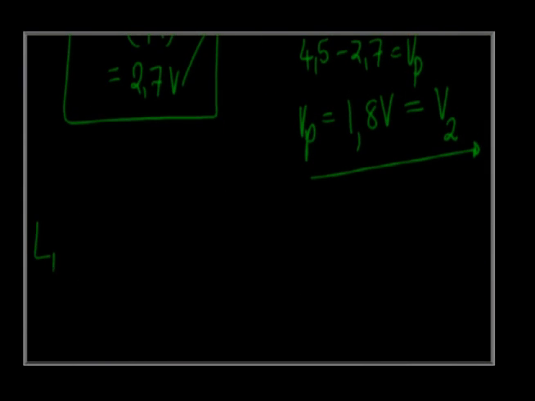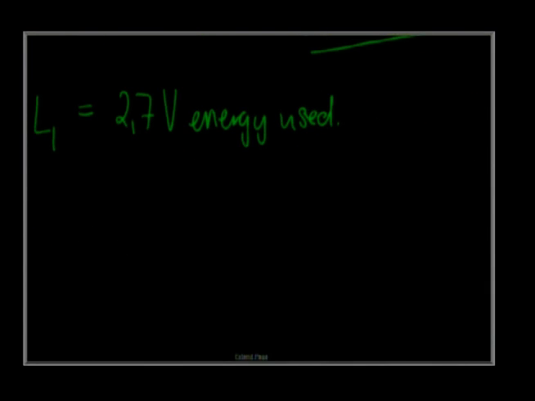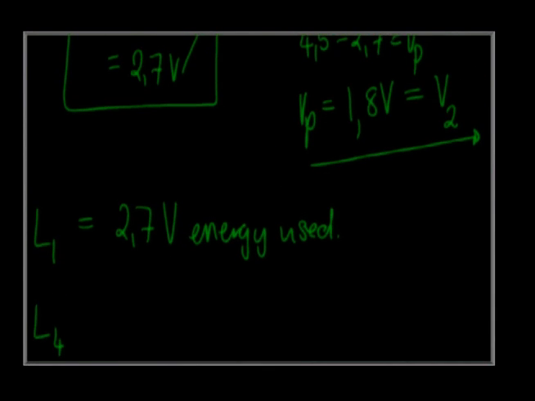So light bulb 1 uses 2,7 volts of energy. If we look at light bulb 4, light bulb 4 is going to use the energy for the parallel connection. Now light bulb 4 is going to use 1,8 volts of energy.